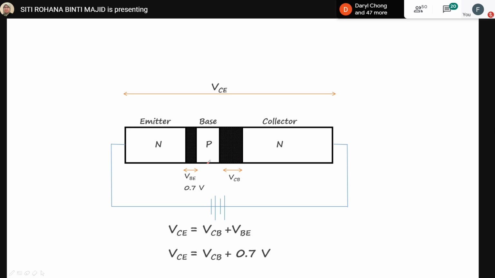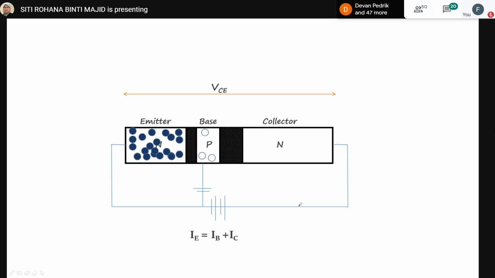So this circuit we can simplify like this. The positive terminal of the second voltage source is connected to the base of the BJT, and the negative is connected to the negative terminal of the first voltage supply. So the scenario is totally changed, and in this situation the base-emitter junction gets forward voltage and is able to overcome the forward potential barrier.